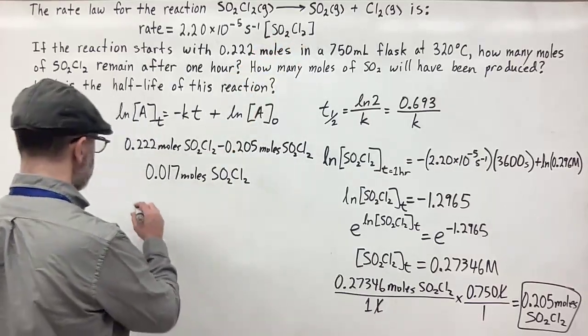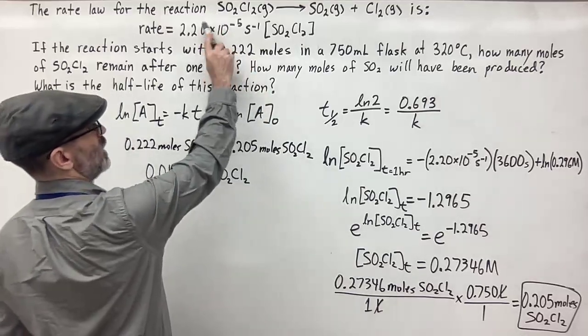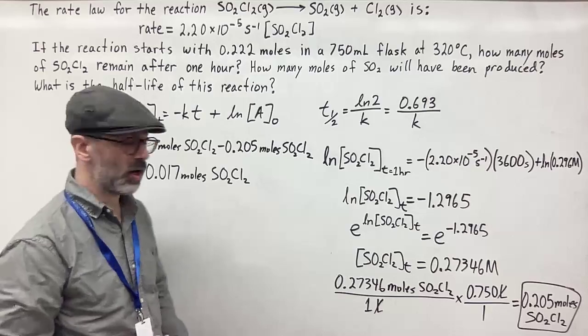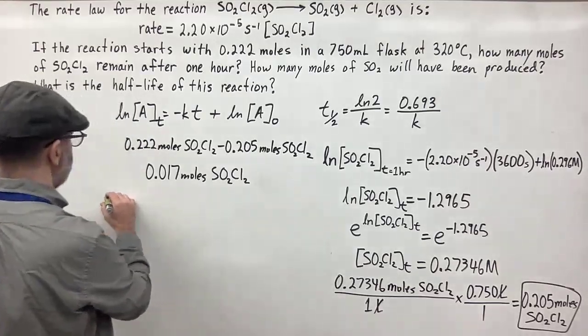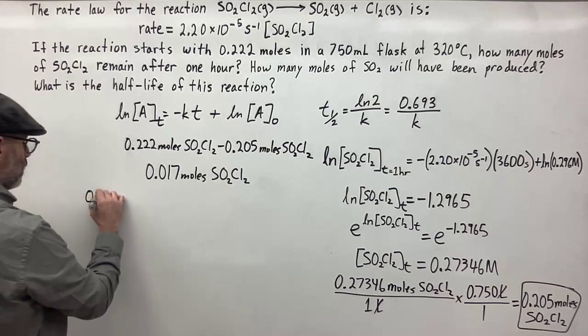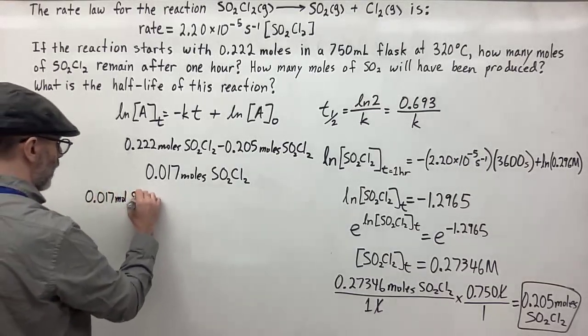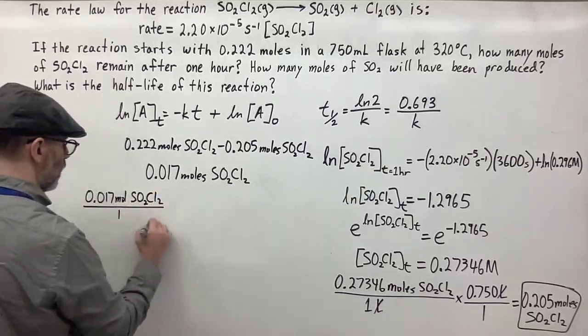So we're going to use our stoichiometry. Notice that we have a 1 coefficient here and a 1 coefficient there. So the mole ratio is 1 to 1, and we're going to use that as a conversion factor. We start with 0.017 moles of SO2Cl2 over 1.